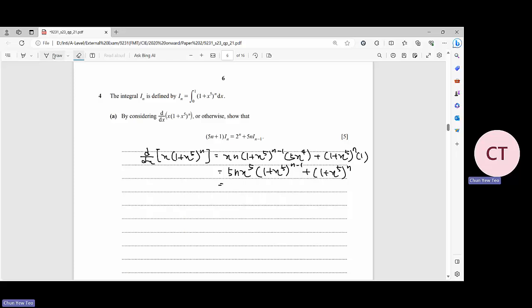So the trick is you need to focus on this part. This part, we just make it become 1 plus x^5 minus 1. Then this one, just copy down.